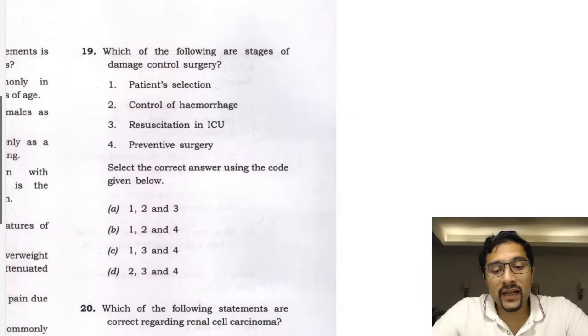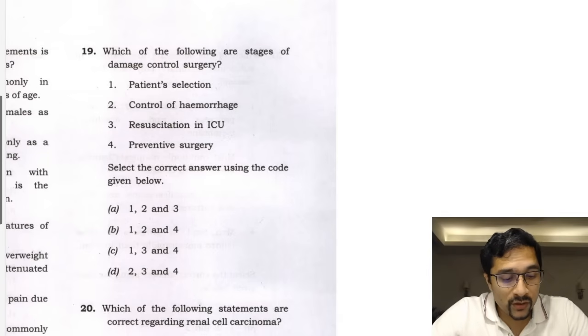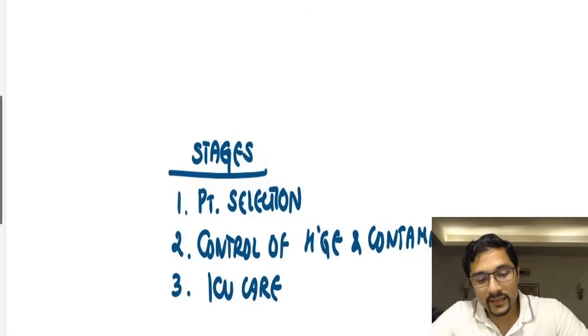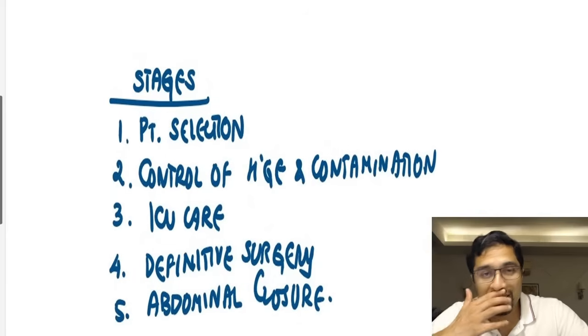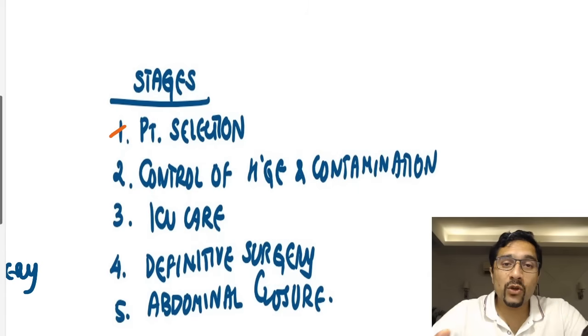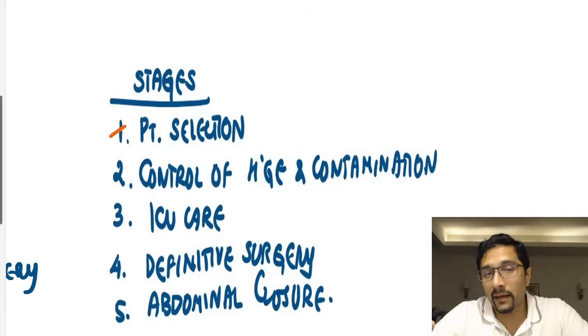Which of the following are stages of damage control surgery? Now, there were two questions from damage control surgery. We know the stages are patient selection, then emergency surgery where we have to control the hemorrhage and prevent contamination.